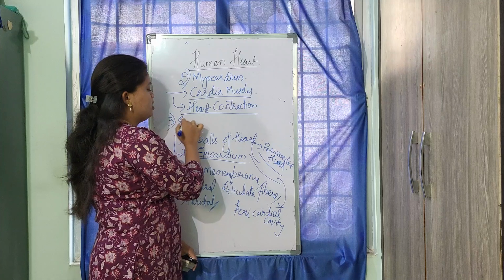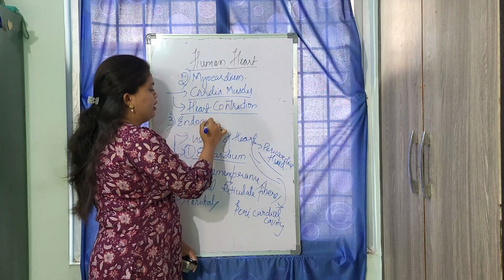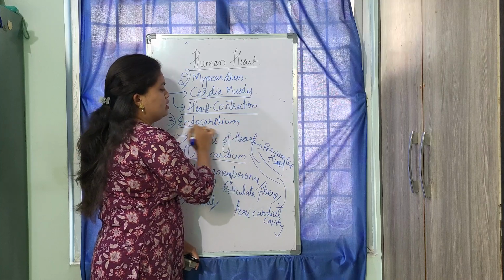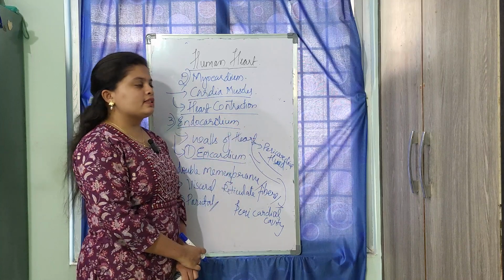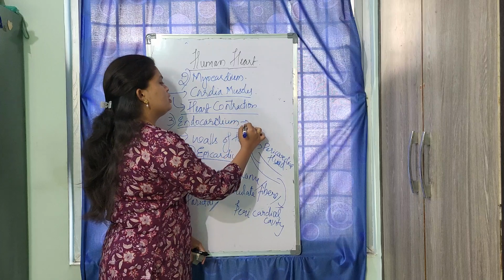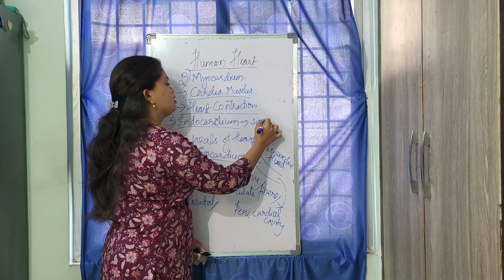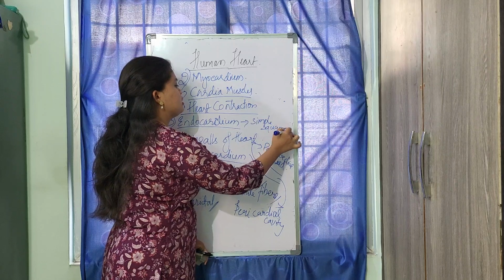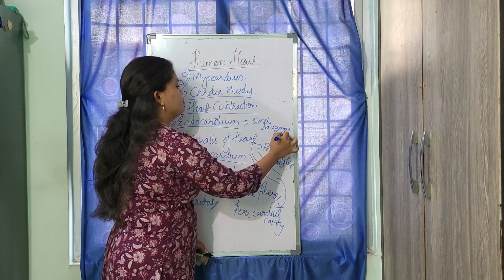The third one is the endocardium. This endocardium is made up of simple squamous epithelium.